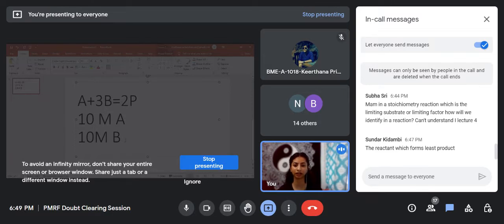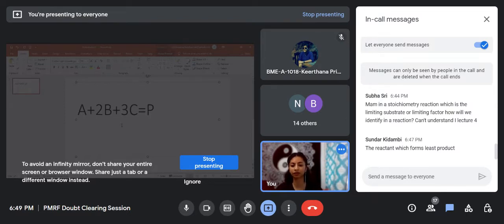So let's try another thing. Maybe A plus 2B plus C, where C is giving you the product. It doesn't matter how many moles of product in this case.